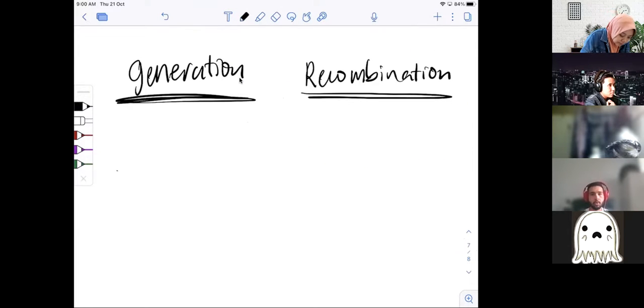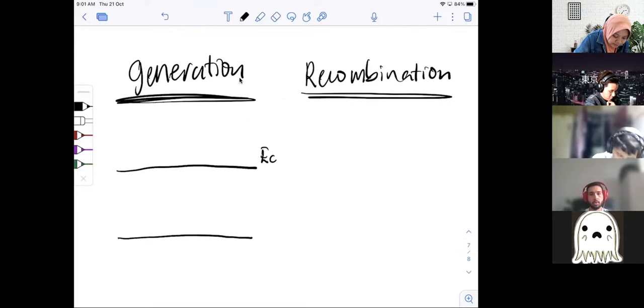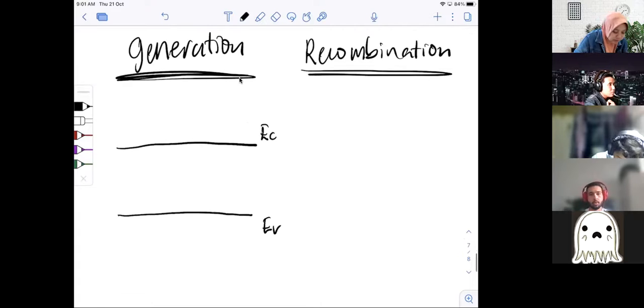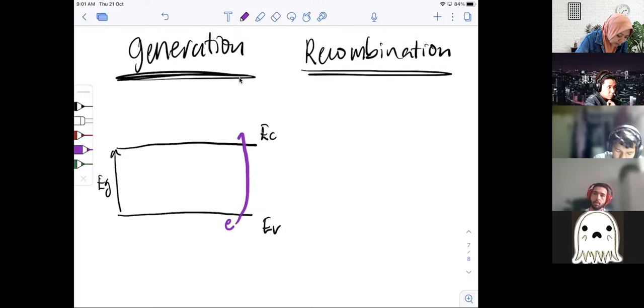Okay, let me draw my energy band diagram. So this is my energy band diagram. When you have excitation, you still remember how we get free carriers? In order to get free carriers, we excite the electron from the valence band to the conduction band. We call it excitation. The other name of it is generation, generation of free carriers.